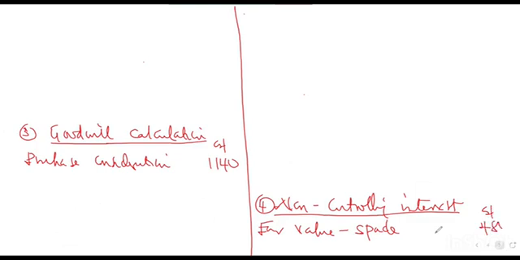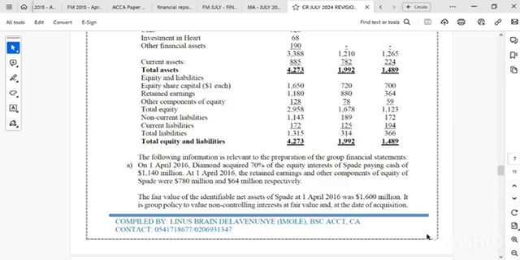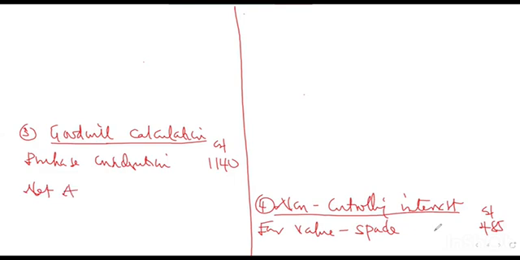Okay. So since they are using fair value, it means that they are using the full goodwill method. They have given us the closing balance for the net assets. Their net asset at acquisition date is 1,600. That is the net asset, but that net asset is for both the parent and the NCI.